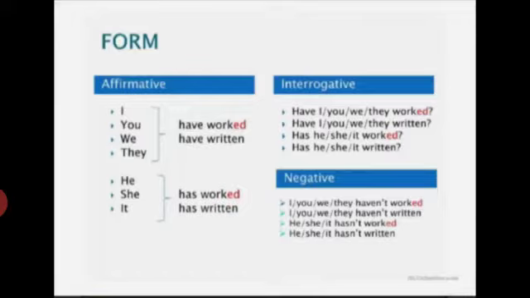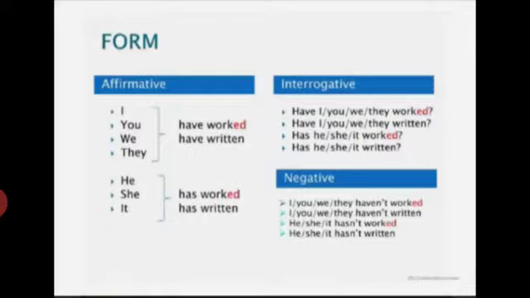He has worked, she has worked, it has worked. We use I, you, we, they with have, but we use he, she, it with has. Have for I, you, we, they, and has for he, she, it.